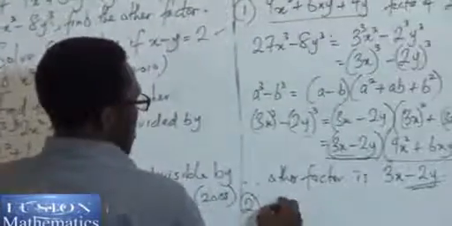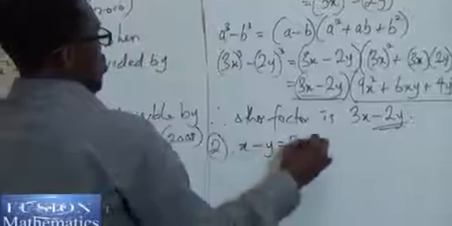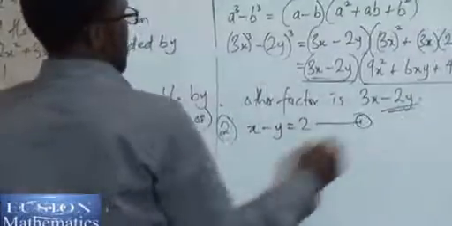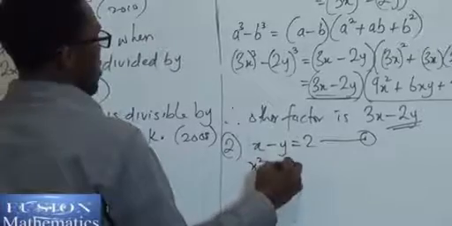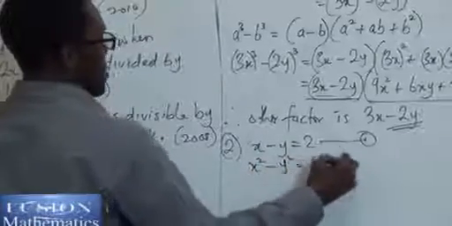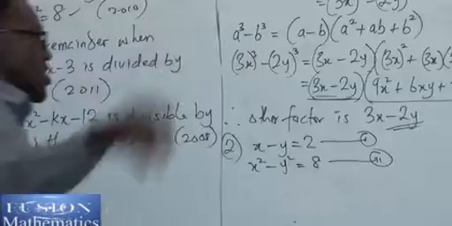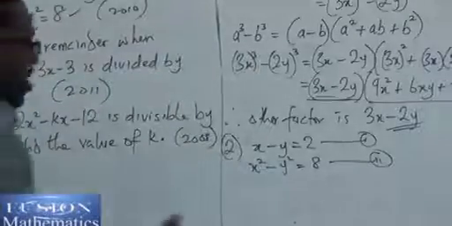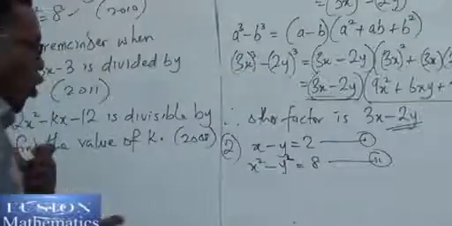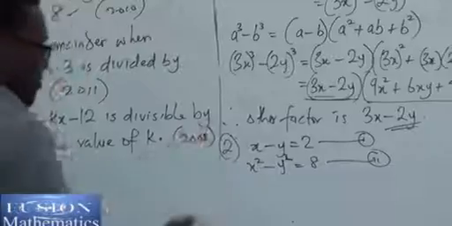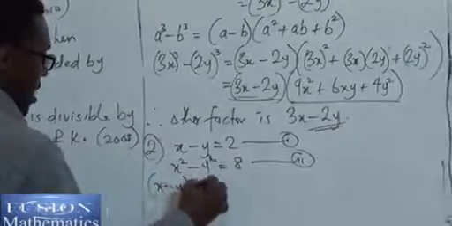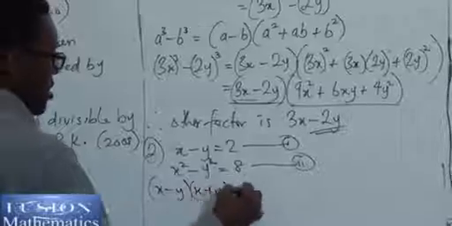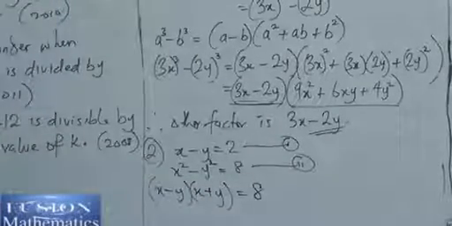The first equation, x minus y equals 2. Let's call it equation 1. And the second equation, we have x squared minus y squared equals 8. We established also earlier that when you see something like this, this is called the difference of two squares, which is the same thing as saying x minus y, x plus y equals 8.